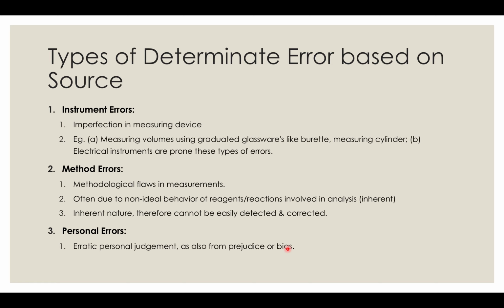You might have come across this while doing volumetric titrations. When you have to do repetitive titrations, you have an inward feeling that this is the correct volume at which my endpoint is coming.